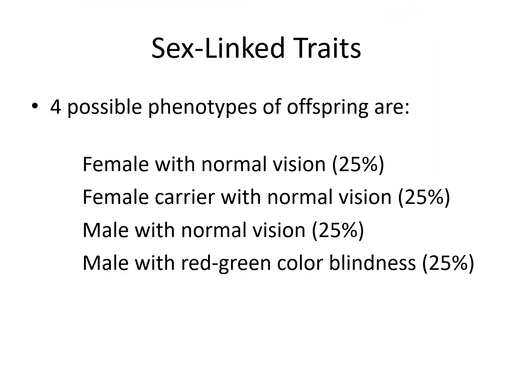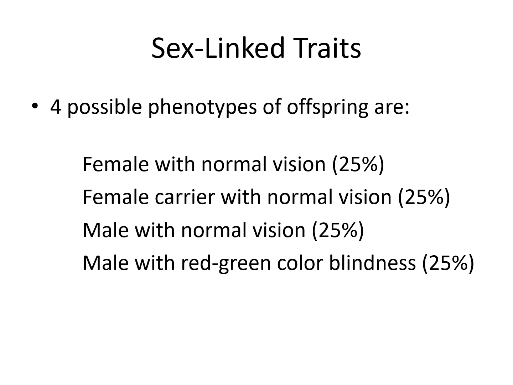So what does this mean regarding the phenotype? Well, you could have a female with normal vision, X, big R, X, big R, at 25%. You could have a 25% chance of a female that's a carrier but also has normal vision. That's X, big R, X, little r.